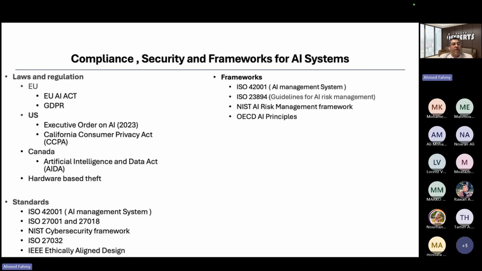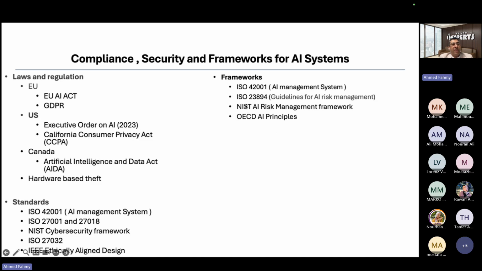You may also have heard about one of the recent standards, the NIST AI Risk Management Framework. This framework sheds light on how to manage the risks coming from AI solutions. And we have the OECD AI principles and so on.